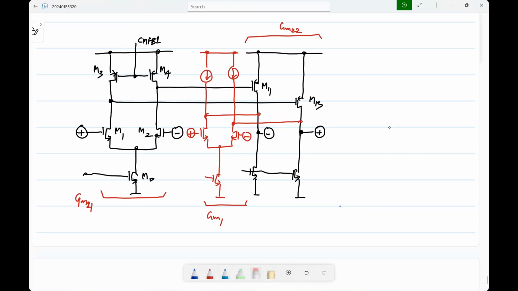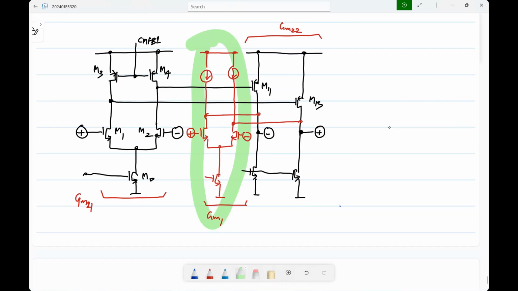What is different between this and the regular two-stage op-amp? This part, right? Now, does it have any influence on the swing limit or no? The input swing is the same, right? You have NMOS differential pair there or there. What happens to the output swing?